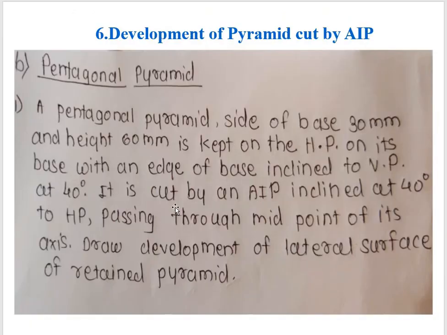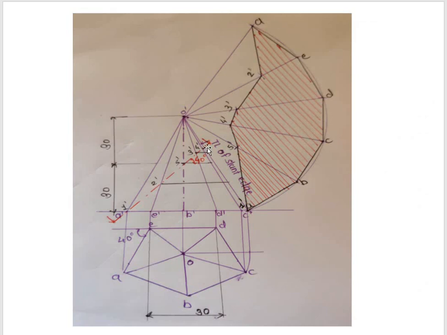As they have given, it is cut by the AIP inclined at 40 degrees to HP, passing through the midpoint. Means the AIP is cut at 40 degrees but at the midpoint, okay. The axis height is 60 mm, so up to 30 mm you have to mark one point, and you have to make the AIP at 40 degrees to the HP, okay.